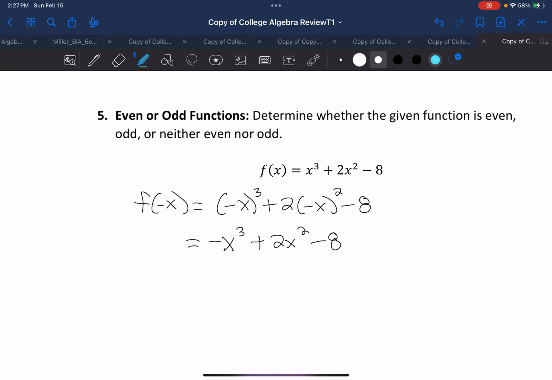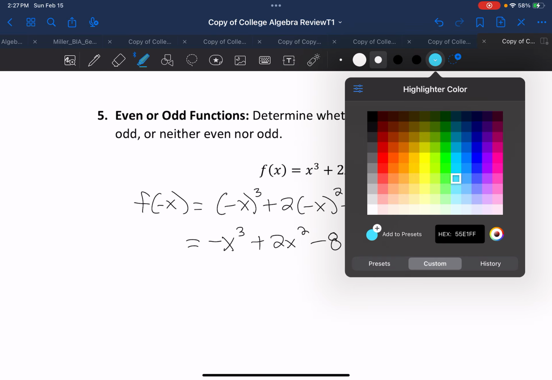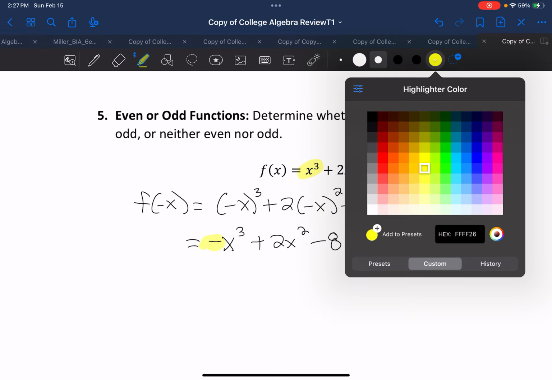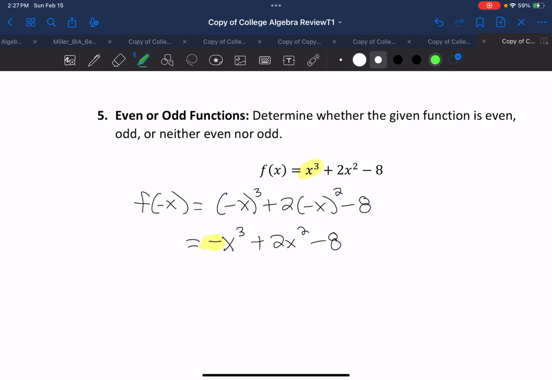And then you compare. If it's exactly the same as the original function, it would be even. But we see that it's not because this one's negative, and this first term up here is positive. So it's not even because not all the terms are exactly the same. And it's also not odd because these two are the same and these two are the same.